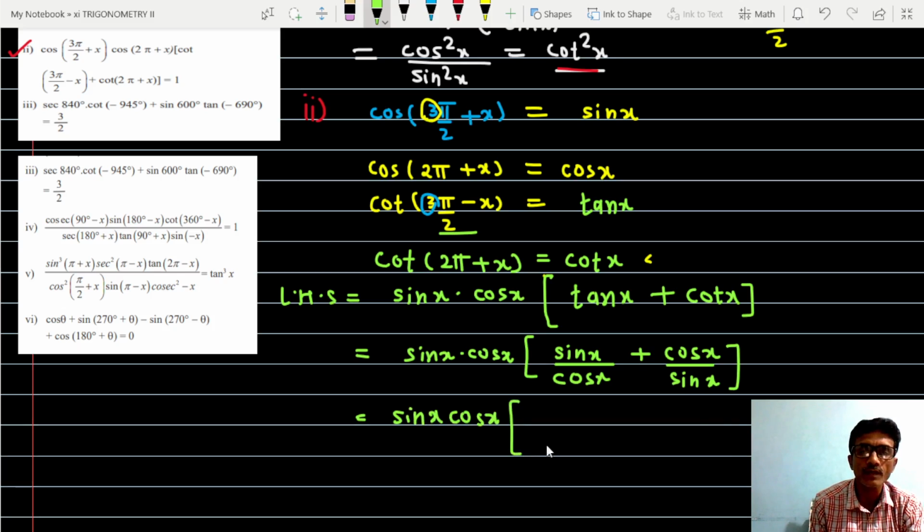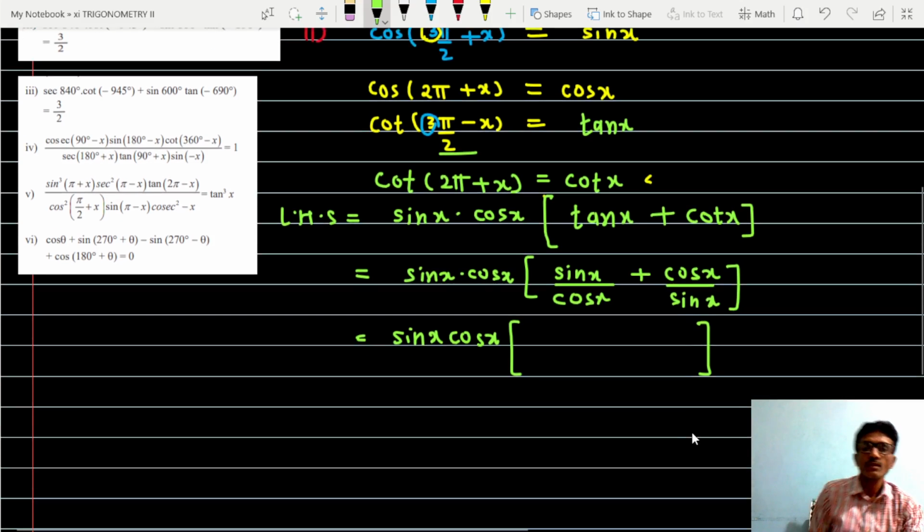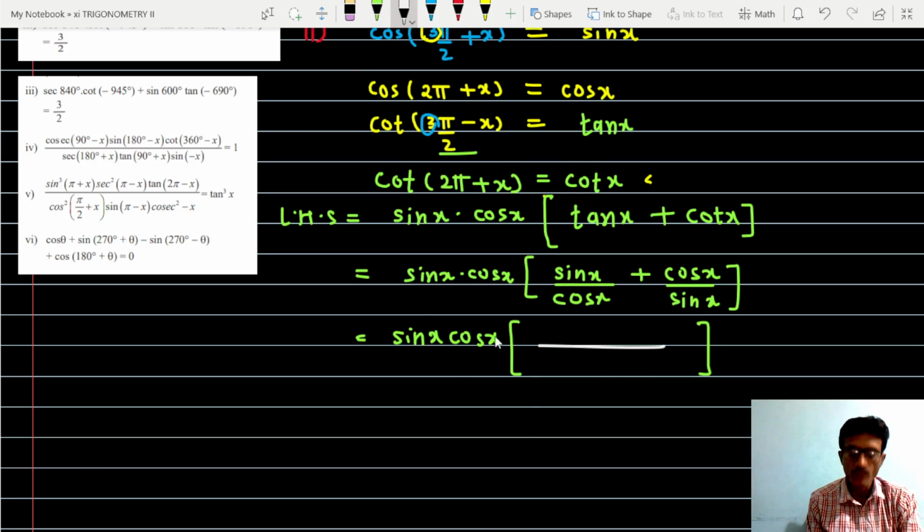Inside the bracket we have LCM of denominator, what will be the LCM of denominator, it is cos x into sin x, is LCM, sin square x plus this क्रॉस मल्टीप्लिकेशन will give us, यहाँ पे आएगा cos square x.